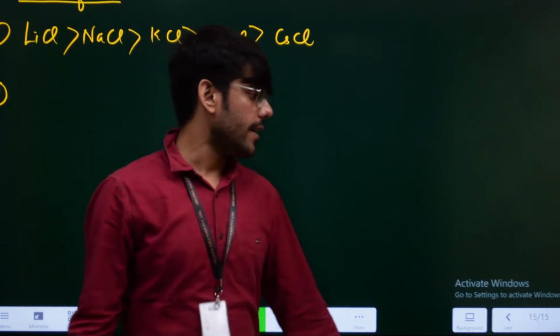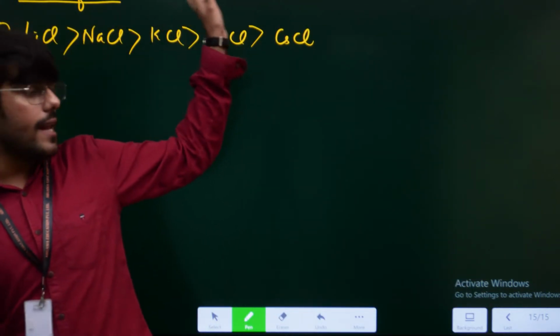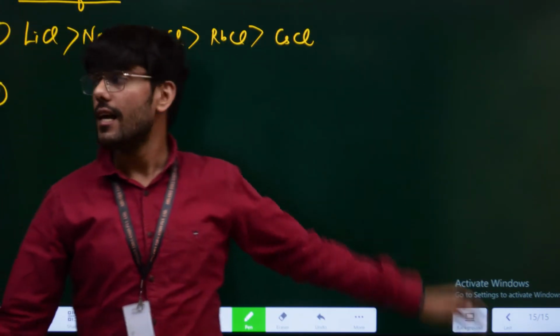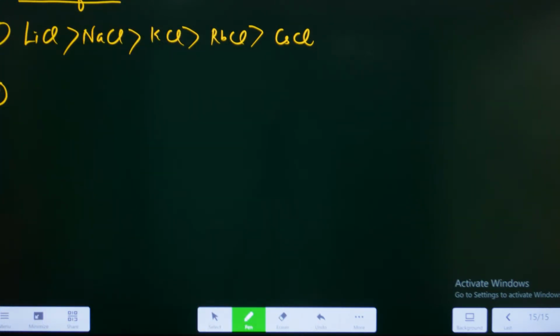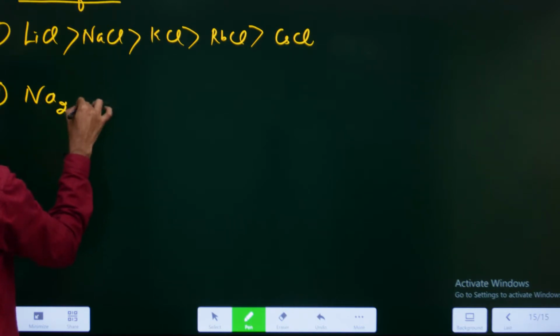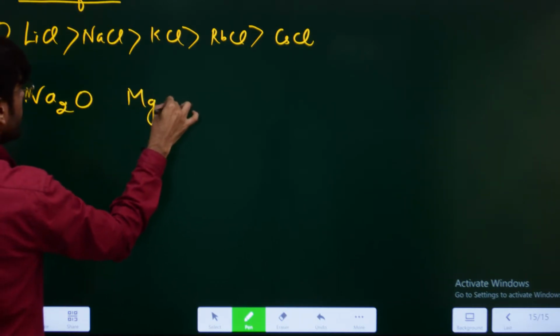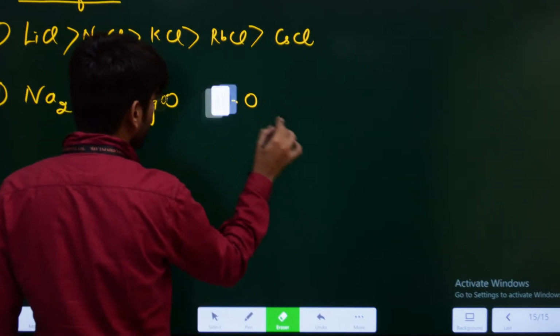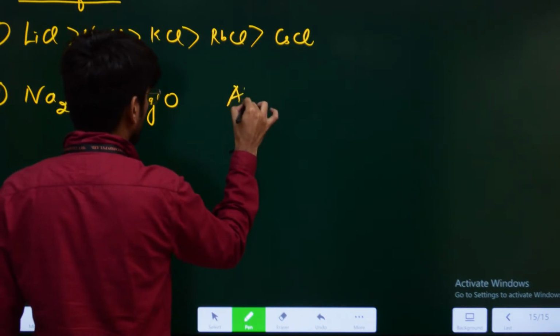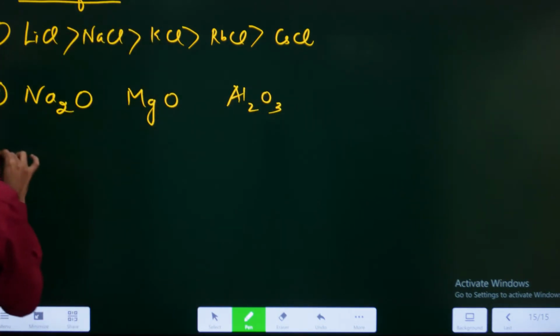Because the anions are common, neglect the anion and just look at the cations. We know that the smaller the cation, the more the covalent character. Second: Na2O, MgO, CaO. Let us make it aluminium. Very quickly.